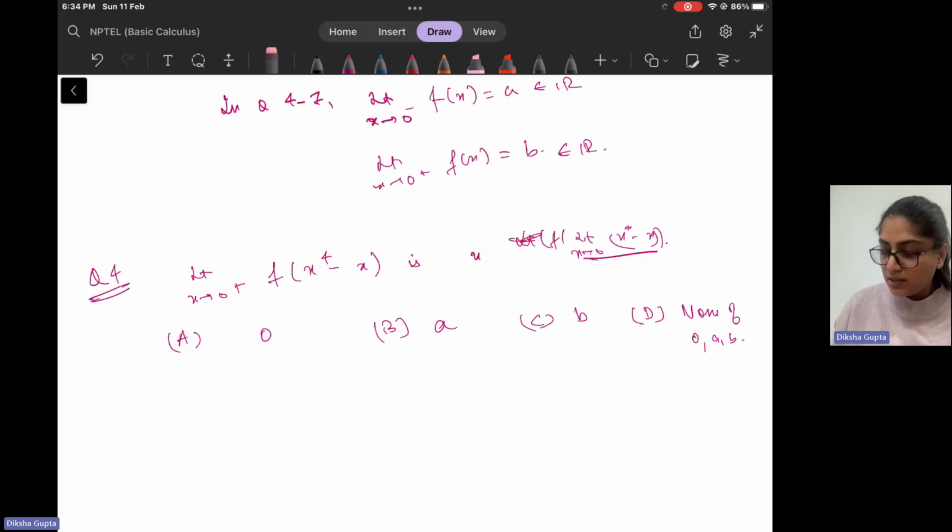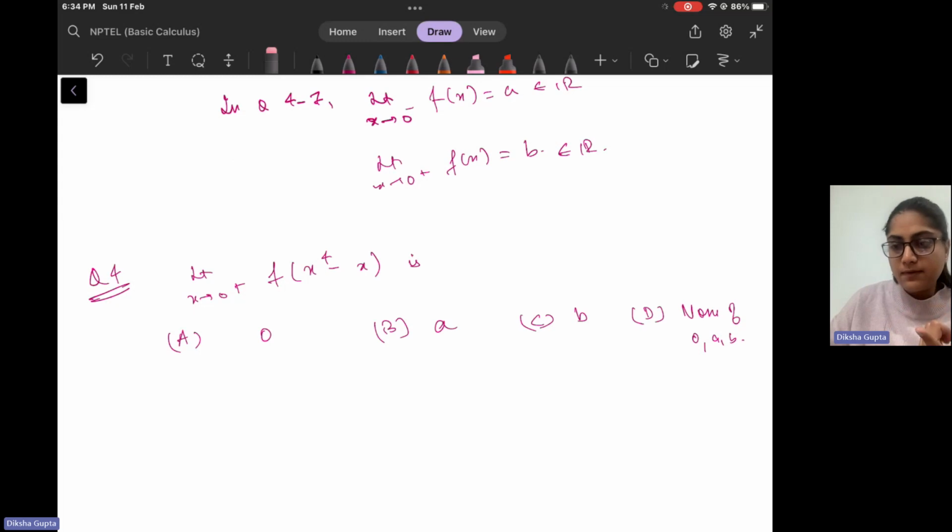But here there's no information about f, so you cannot simply do that, right? And moreover, you have to evaluate the limit in terms of a, b, or 0, and you have not been given the value of f(0).